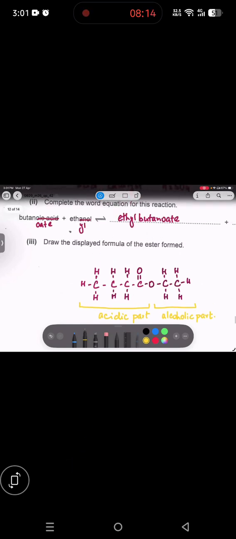Carboxylic acid. The hydrogen is lost by the carboxylic acid, not the OH. Alcohol loses the OH. In a later class, at AS level, you will study the acidity of alcohol and carboxylic acid.